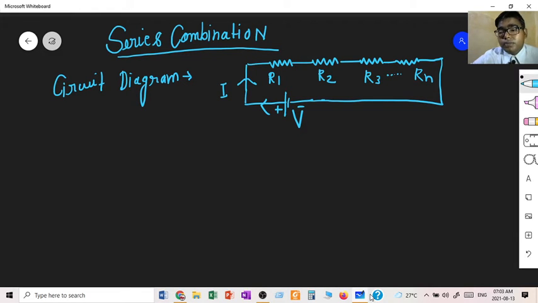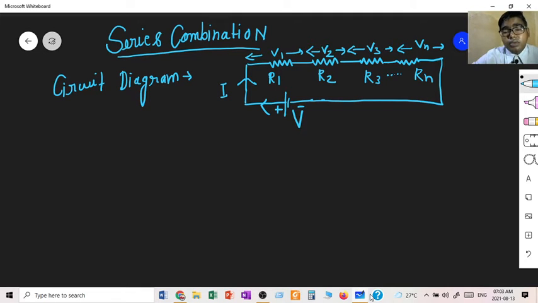The potential difference across each resistance will be proportional to their respective resistance. Let it be V1, V2, V3 and Vn.